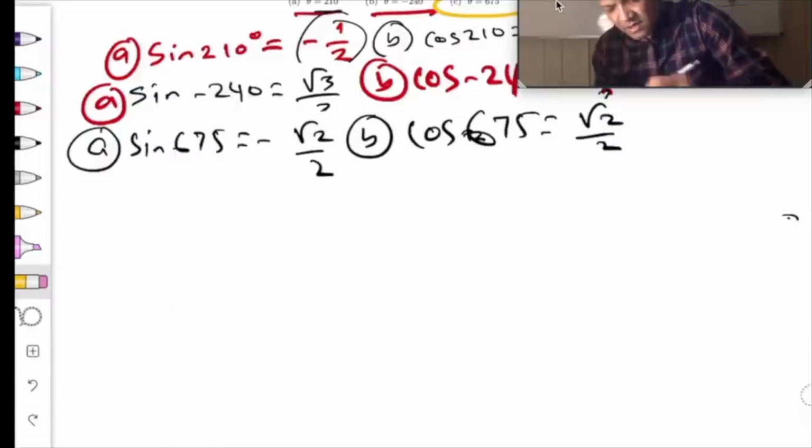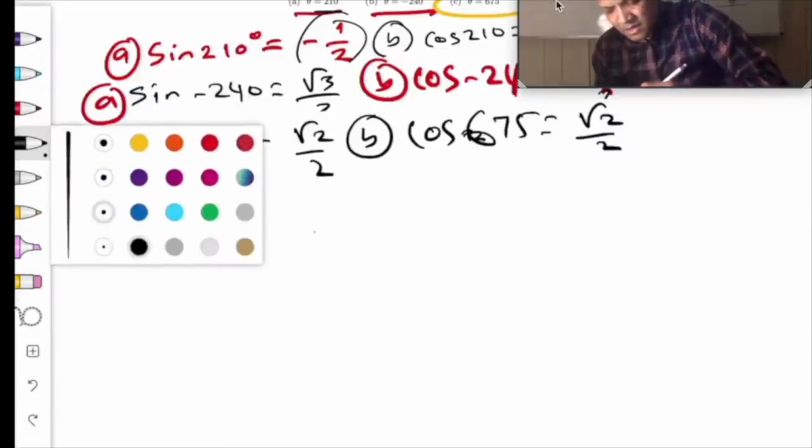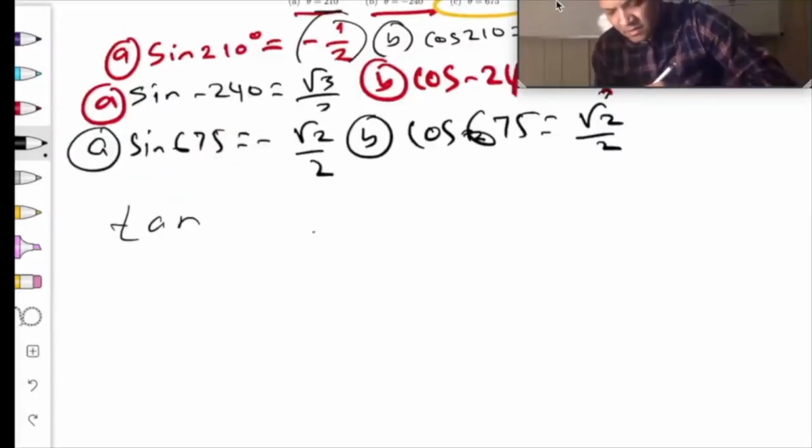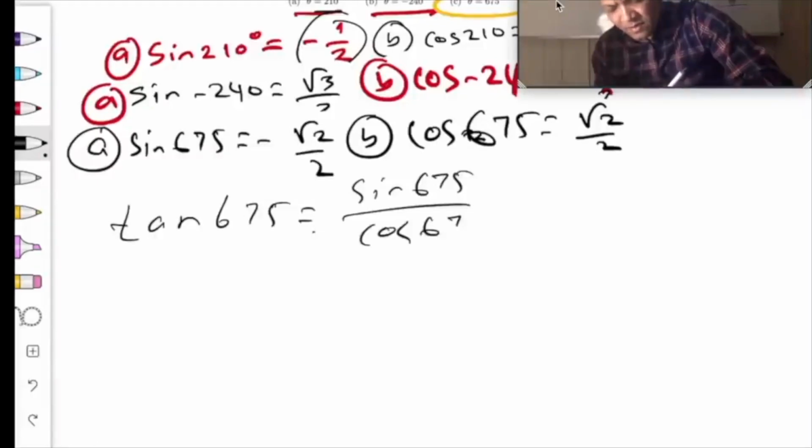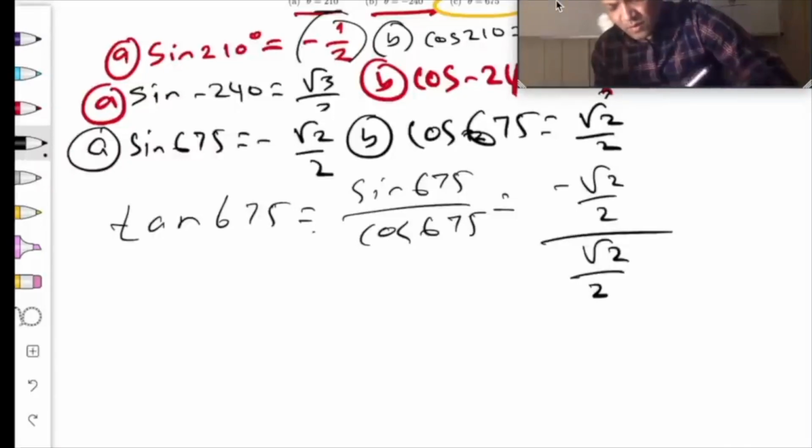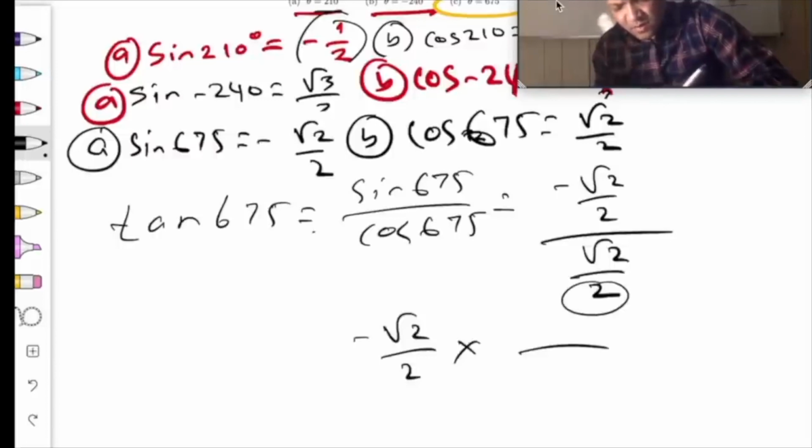So the tangent 675 is equal to sine 675 over cosine 675, which is negative square root of 2 over 2 divided by square root of 2 over 2, and that is negative square root of 2 over 2 times, you flip them, so the 2 goes up, the square root of 2 cancels, so negative 1.